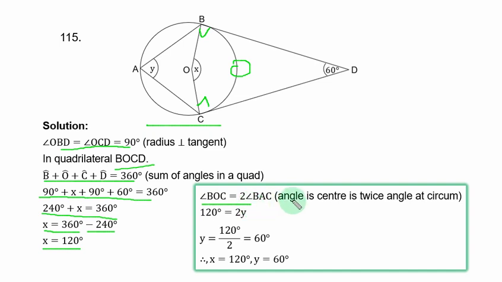Angle at center is twice angle at circumference. You have 120 degrees is equal to 2y. To get y, divide both sides by 2, and y becomes 60 degrees. Therefore, S is equal to 120 degrees. Y is equal to 60 degrees.